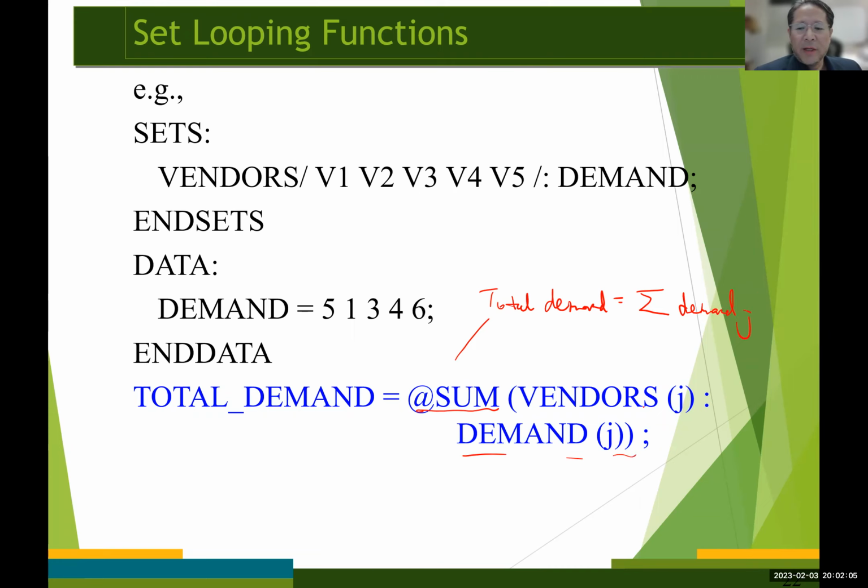Here, J takes the values from 1 to 5. How do we know? Up here, the vendor set has only 5 different members, V1 through V5. So J goes from 1 to 5 for that reason, okay? As a result, what value do you get? If you add up the 5 different values here, how much is that? It's going to be 19, okay?